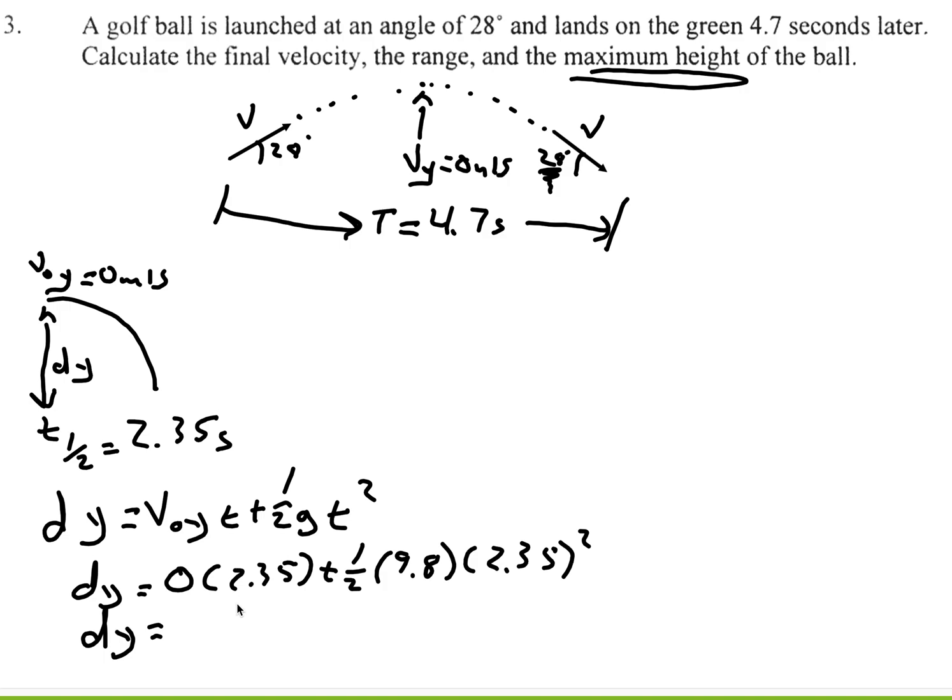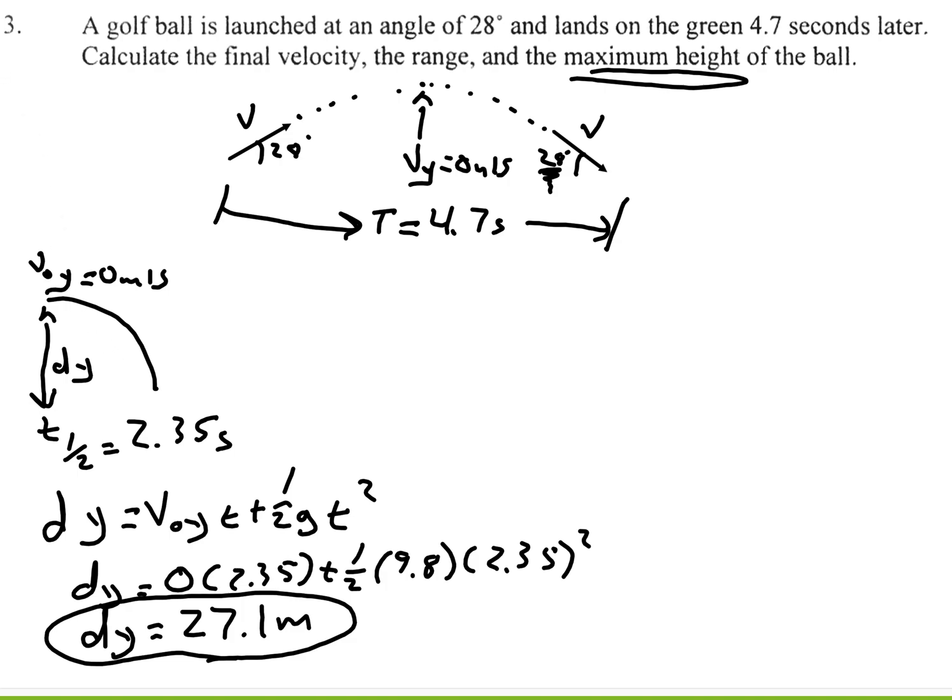And I plug that in my calculator, and I would get 27.1. Sounds right. My guess and check was going to be 26. So 27.1 meters. So it got 27.1 meters above the ground. So when it went up, up, up, up, up, at that highest point, 27 meters high.